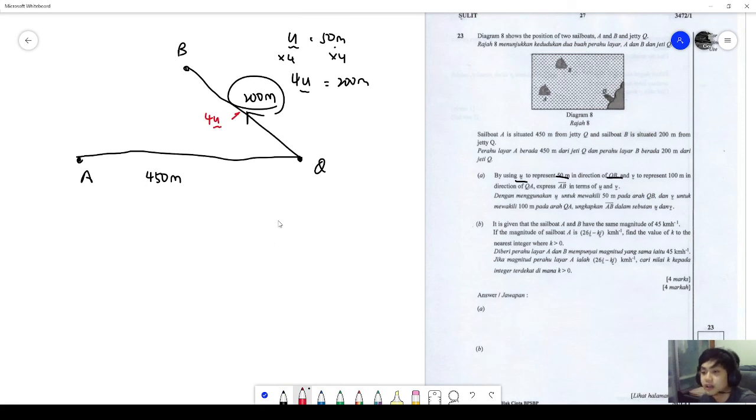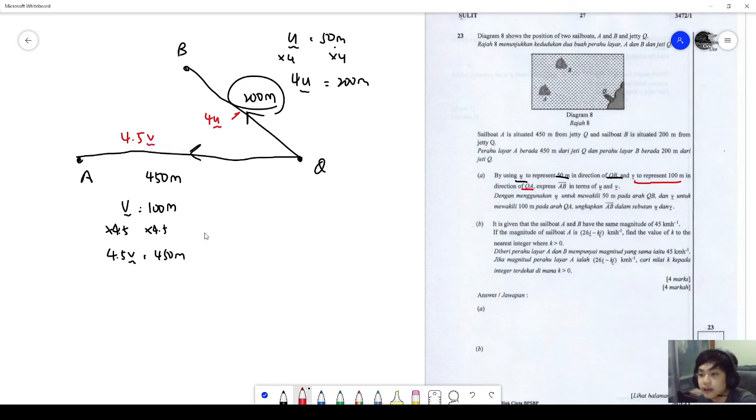The other one is v representing 100 meters in QA, so QA is in this direction. So v is 100 meters. Times 4.5, we will get 4.5v equals 450 meters. So the vector here is 4.5v.